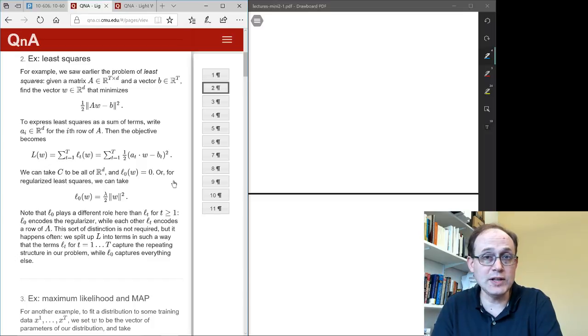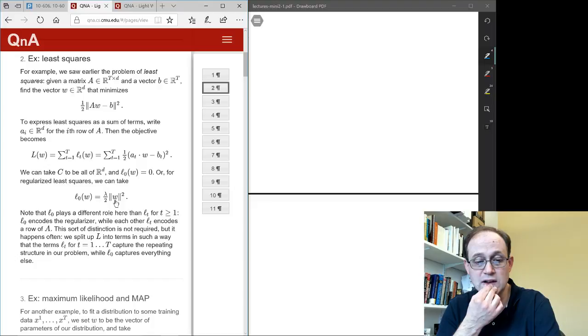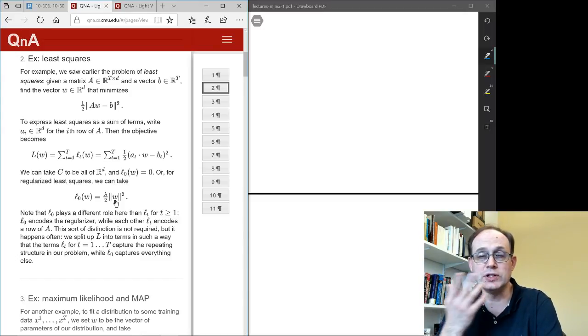We also talked about regularized least squares. Here we're just using L1 through T, and we're setting L0 to be the constant function 0. We could set L0 to be some multiple of the 2-norm of our weight vector, and that would give us regularized least squares, which we also talked about a few lectures ago. So you can see that we've split up the terms into L1 through capital T, which play one role, encoding the rows of our matrix A, and L0, which plays a different role, which is the regularizer.